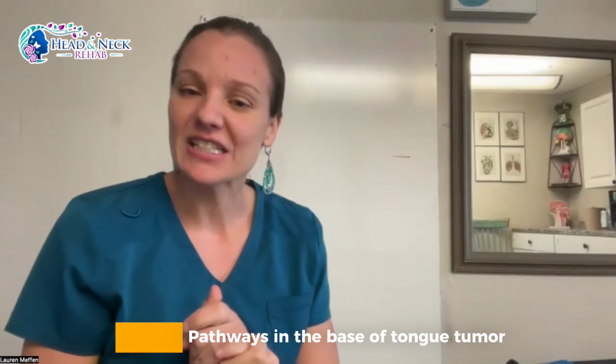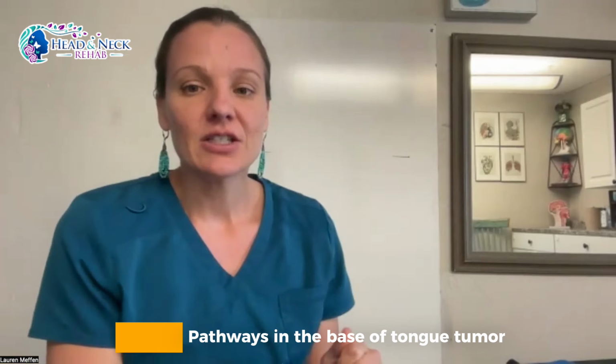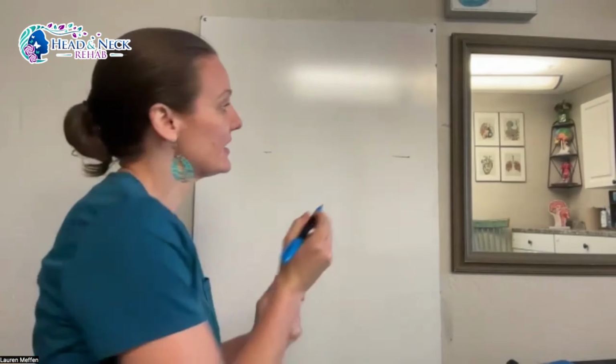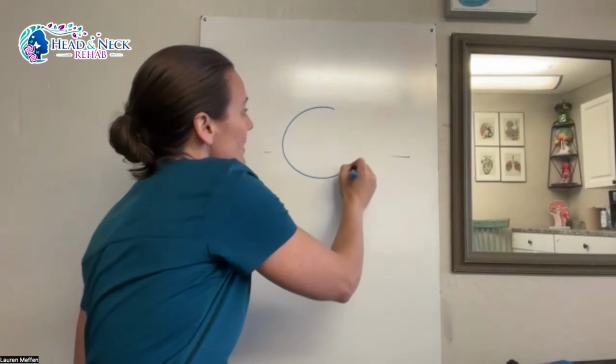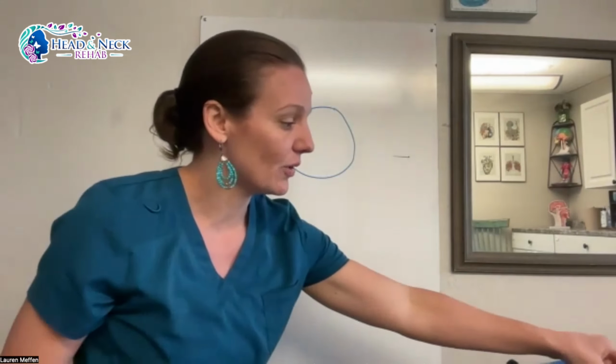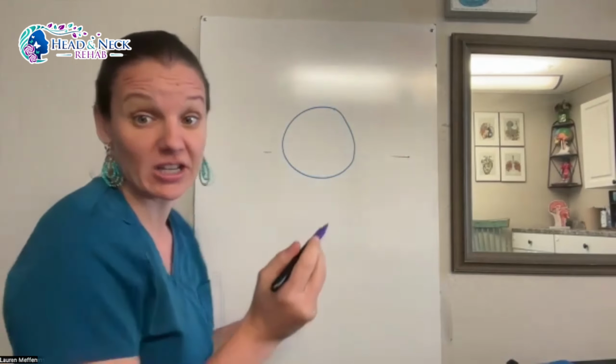Let's take a moment to talk about pathways in the patient who has a base of tongue tumor. So, our pathways in the base of tongue tumor, I want you to start to think of this patient at three different stages. The initial stage is going to be diagnosis. The second stage that your patient is going to go through is, of course, their treatment.